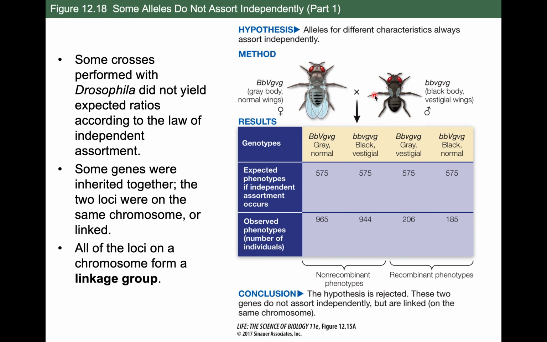And essentially what they found doing these dihybrid crosses is they were not getting the expected Mendelian ratios. They were getting weird exceptions to that. They found that versions of these two traits seem to always tend to stick together. So like the gray body color was almost always associated with normal wings, and the black body color tended to be associated with the vestigial wings.